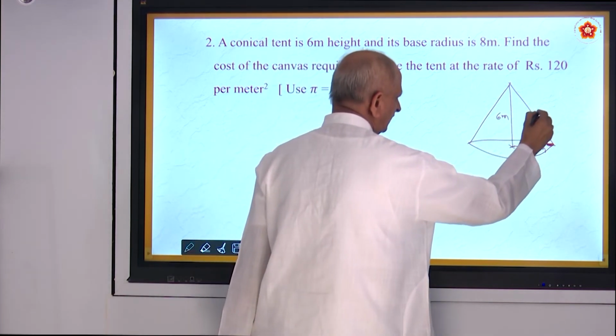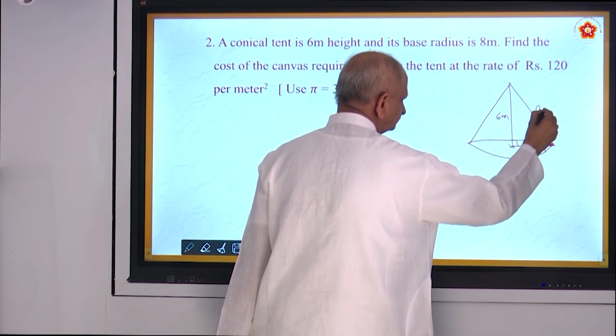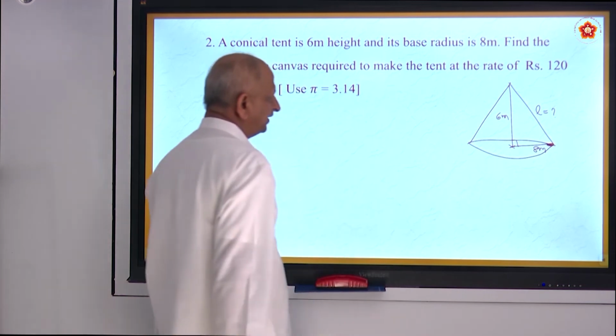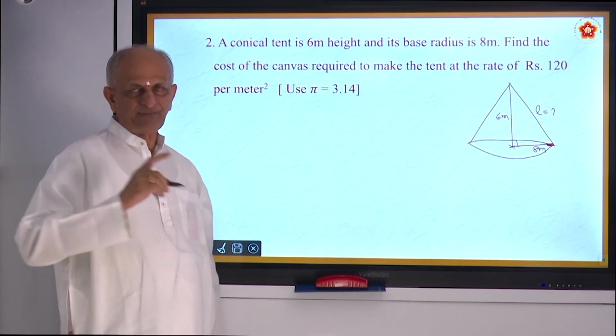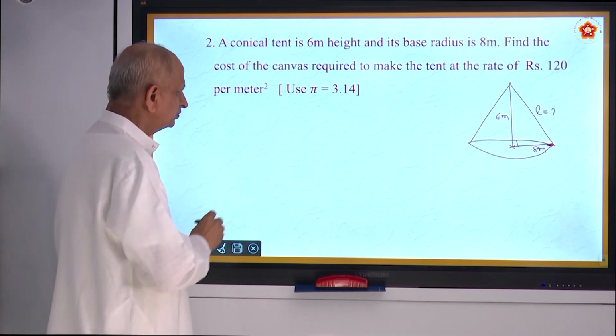You have to find out L, that is the slant height. Once you find the slant height, you can find the curved surface area.